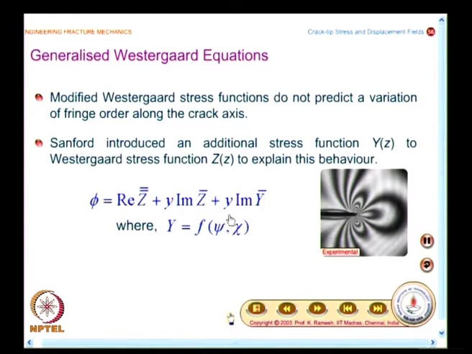Sanford introduced an additional term, y imaginary part of y bar, where the stress function Y is given as a function of two other analytic functions, xi and chi. See, the moment you introduce something like this, the proof of our introduction is what? It should explain what is seen in an experiment.